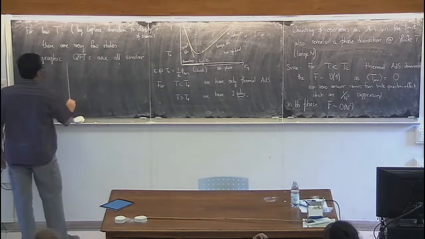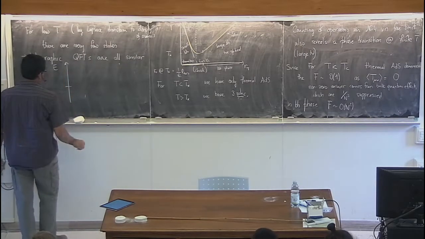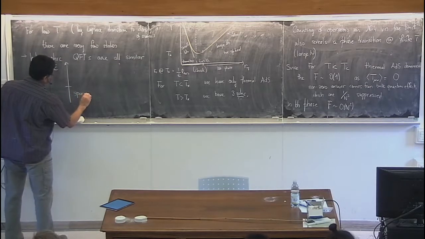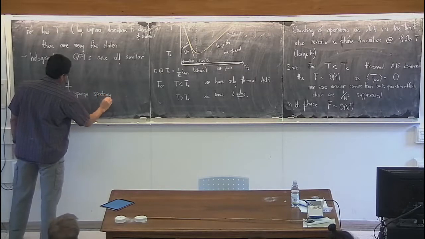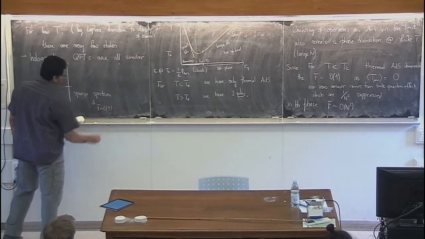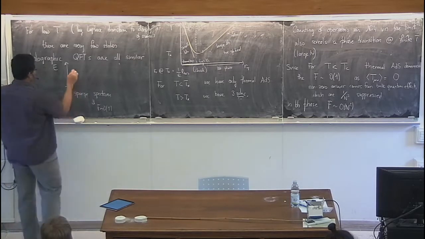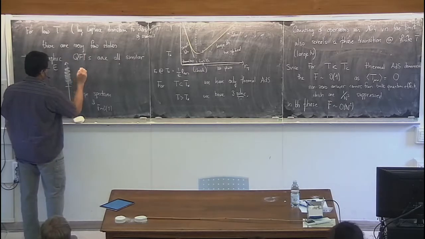If you look at their energy spectrum, below some energy there's a very sparse spectrum, there are very few states, which implies that the free energy is order 1. Low energies translate to low temperatures by the Laplace transform, but above some critical energy, the number of states is very, very large, the spectrum is very dense.